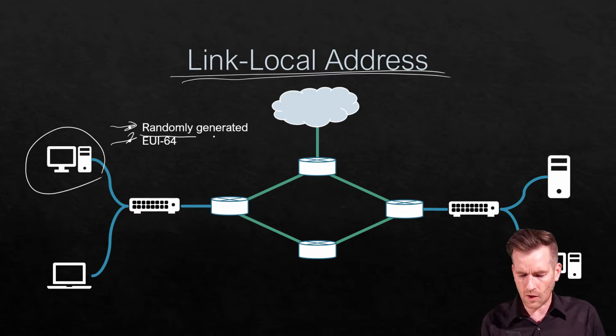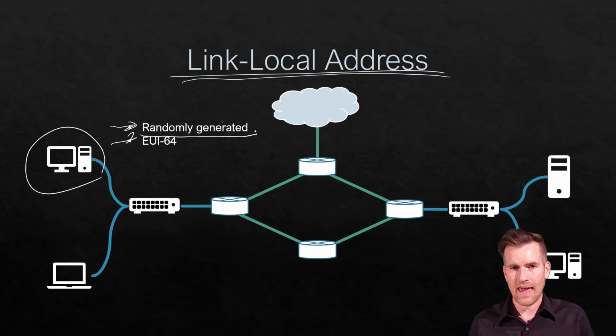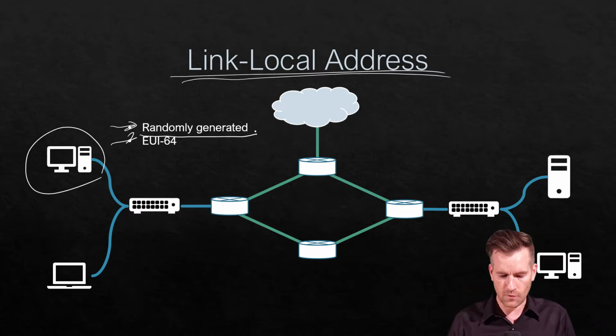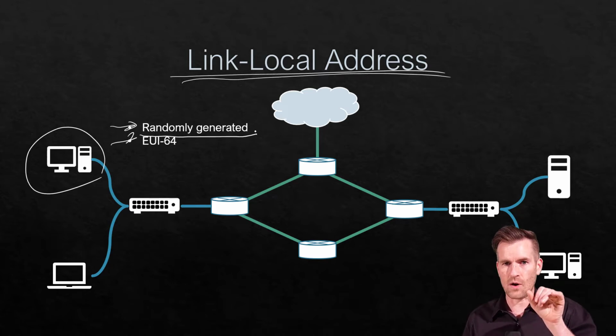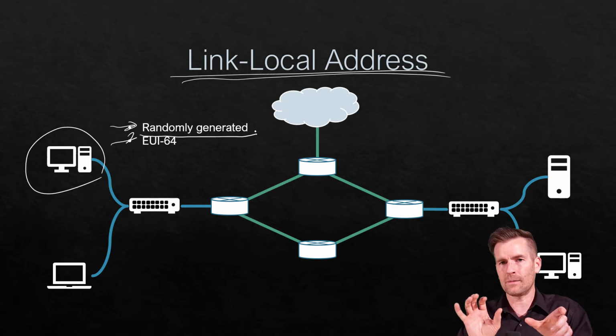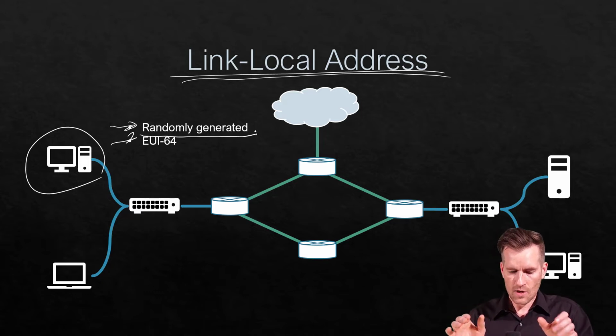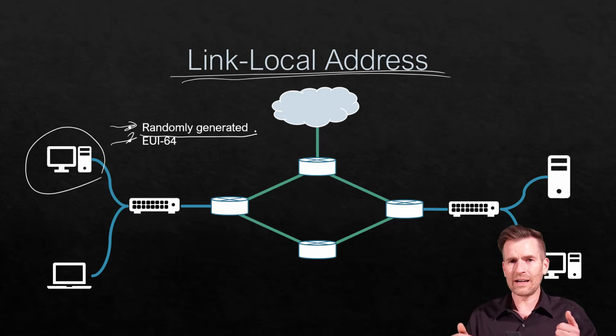This machine will either randomly generate an IP address for this, and when it's randomly generating, the first 64 bits are specified, so that's going to remain the same, but it's randomly generating the last 64 bits of this address.